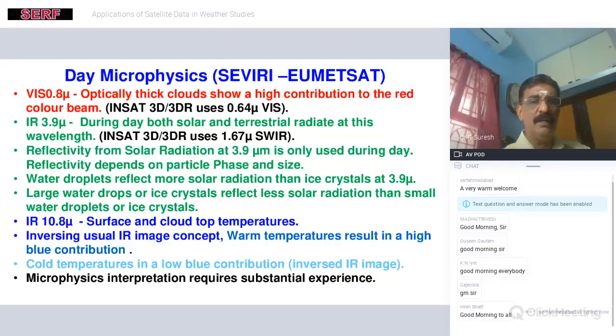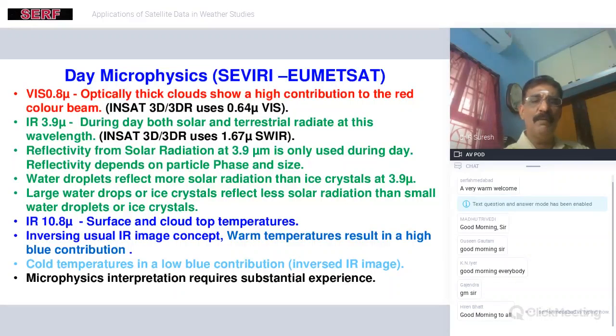Then coming to the blue color, which is IR, the window channel 10.8 micron, most likely 10.5 to 12.5 is the window channel, and most of the service providers will be using the blue color. So here the dark blue or deep blue, whatever you can call, are high blue and low blue. High is the thickest blue, dark blue. Very warm temperature.